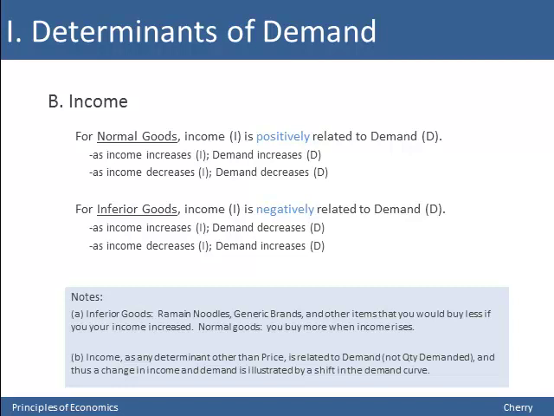It's very budget oriented items, right? So you can imagine when you start earning more and more income, you are going to buy less of these budget oriented items. The normal goods don't fall into that category. So again, here I would point out that income is related to demand, not quantity demanded, like price.